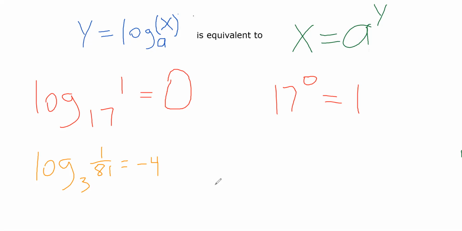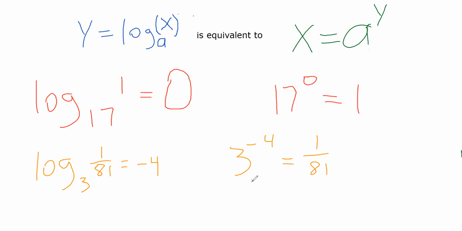And so this is the same as saying 3 to the -4th power equals 1 over 81. So that's pretty cool.